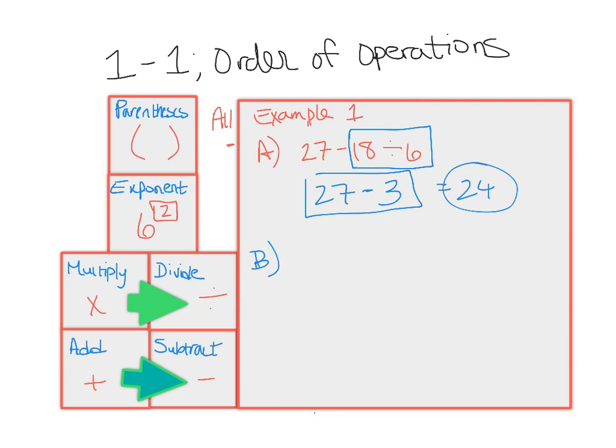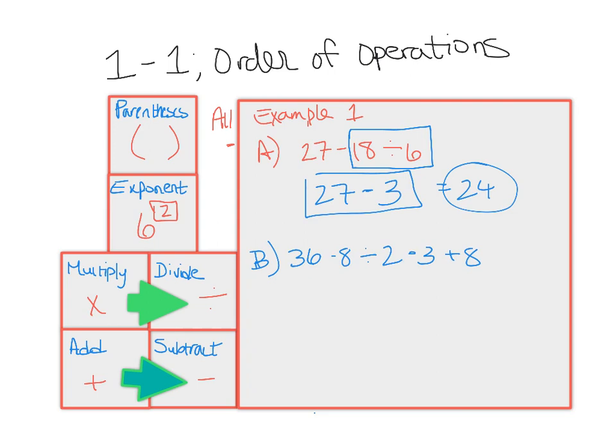Okay, the next one says this: 36 minus 8 divided by 2 times 3, that dot means times, plus 8. Okay, again, I have no parentheses, no exponents.